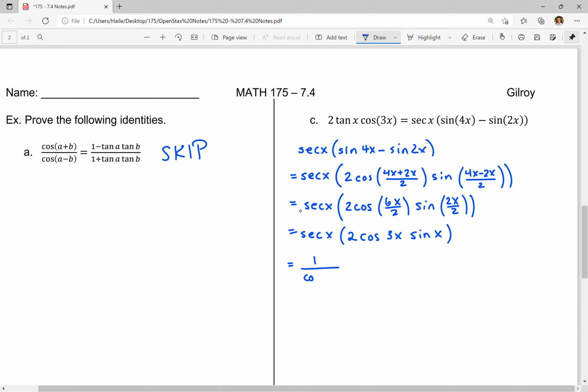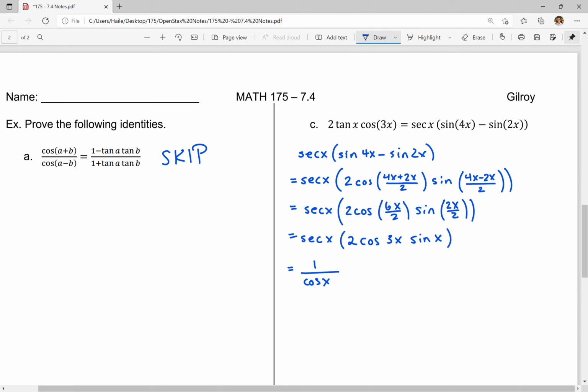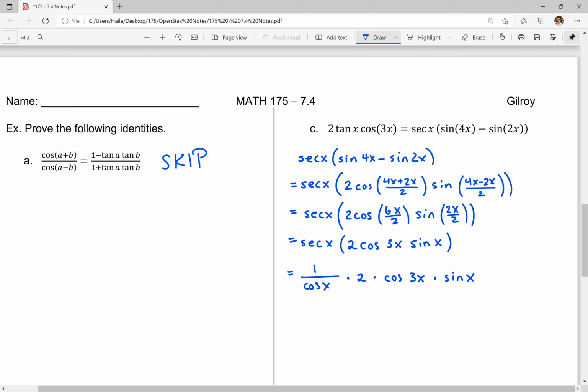So we'll rewrite it as 1 over cosine of x. And then I can really drop these parentheses because everything's being multiplied. So really what we're doing here is we have 1 over cosine of x times 2 times cosine of 3x times sine of x. And so now I have a sine of x in the numerator and a cosine of x in the denominator.